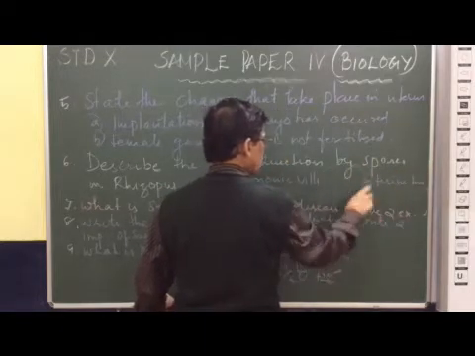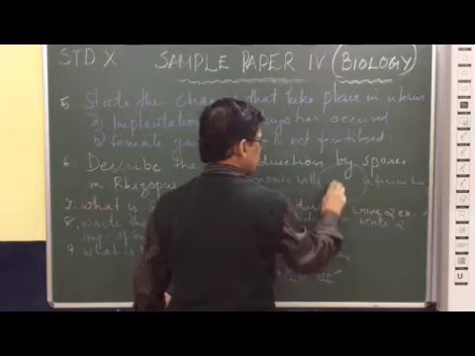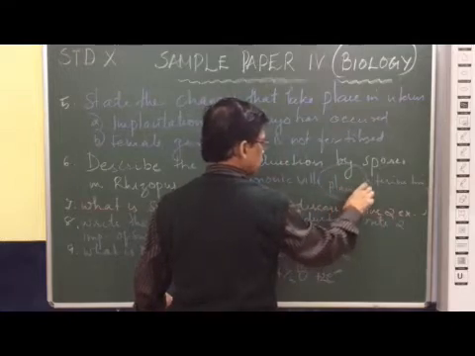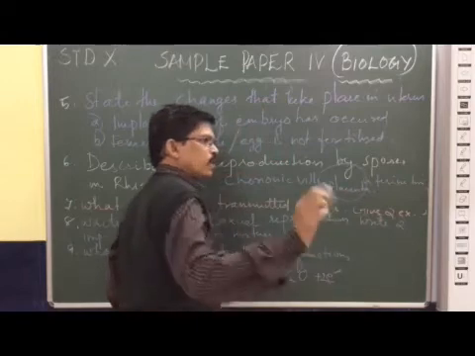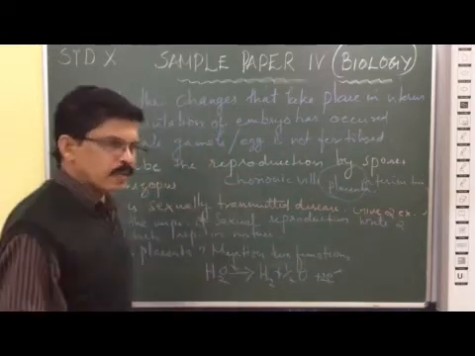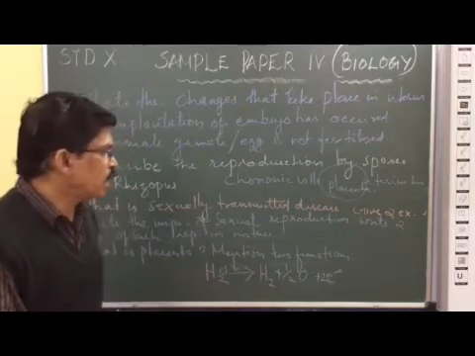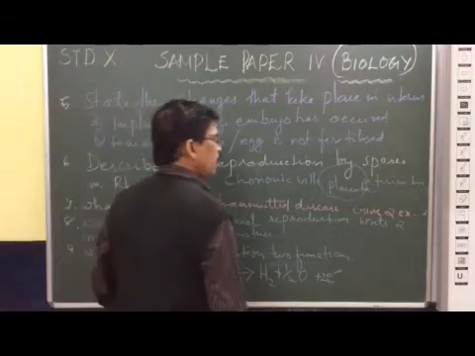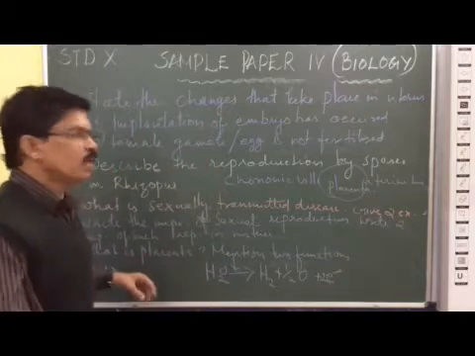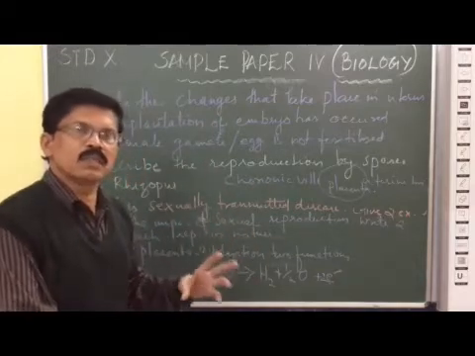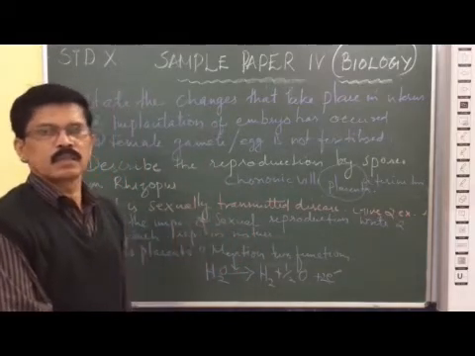All this together forms a special tissue. This special tissue is called the placenta. After this placenta formation takes place, from the placenta there develops an umbilical cord, umbilical cord that connects the placenta with the fetus.